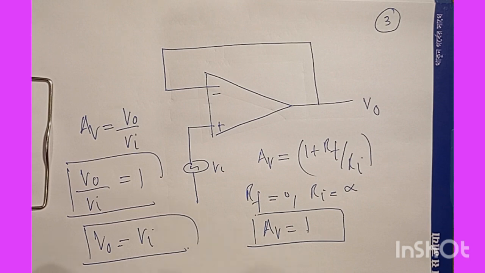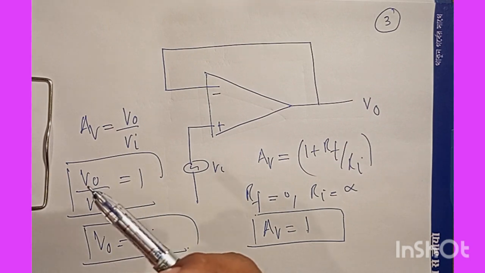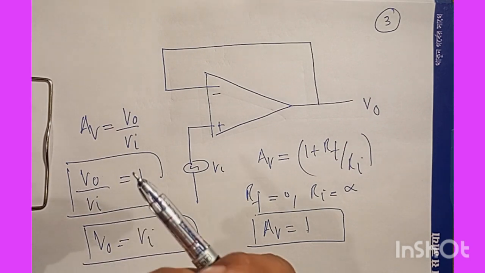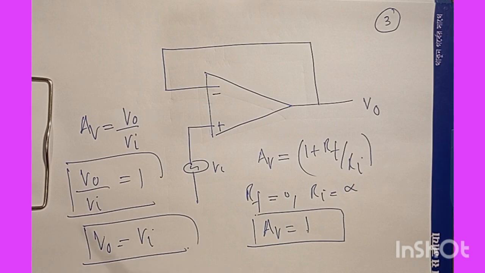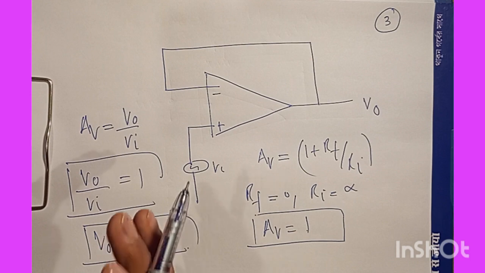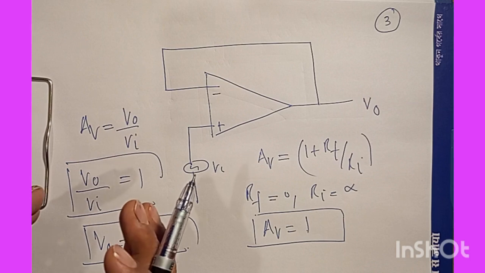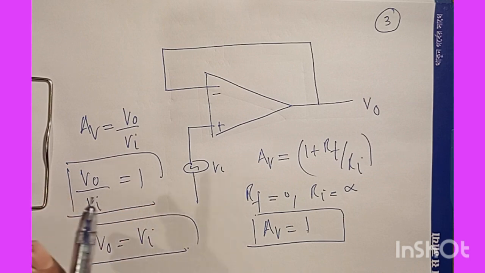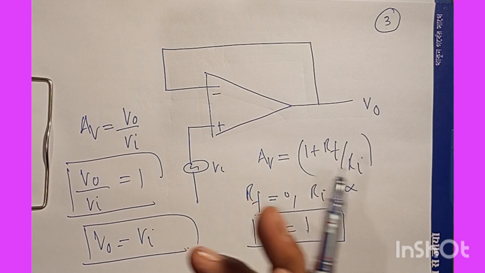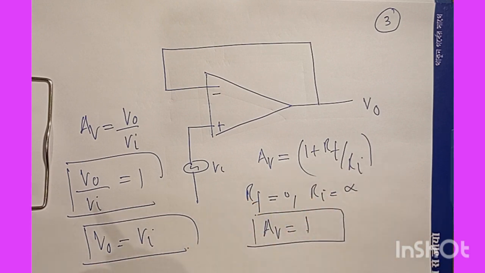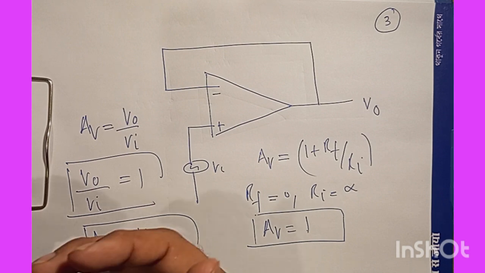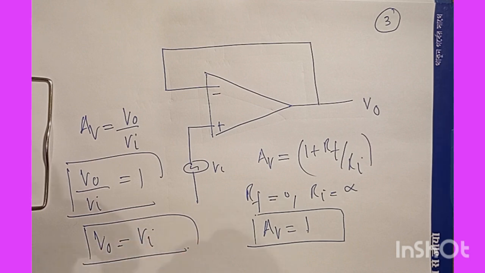So for best matching, we have maximum power transfer. That's the job of an electrical engineer, to exploit such things in technology. But here things are clear that the output voltage is following exactly how the input voltage is being executed on the operational amplifier.